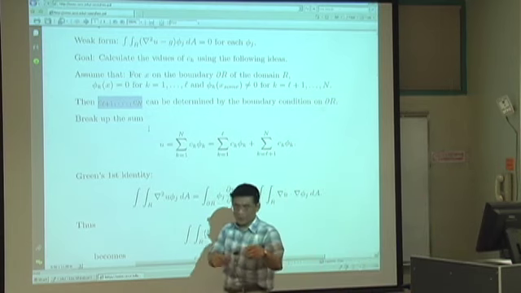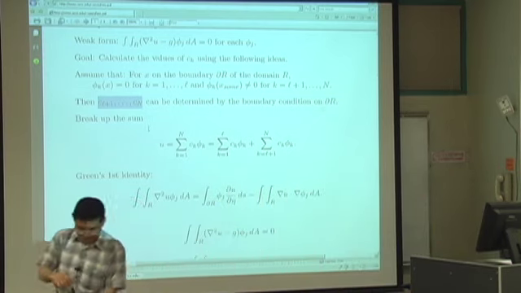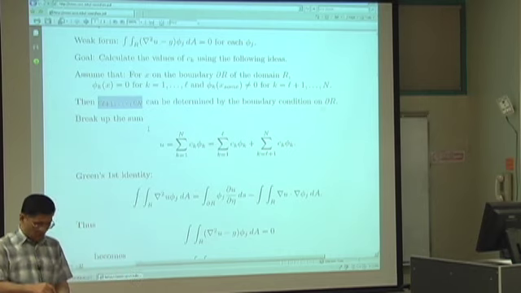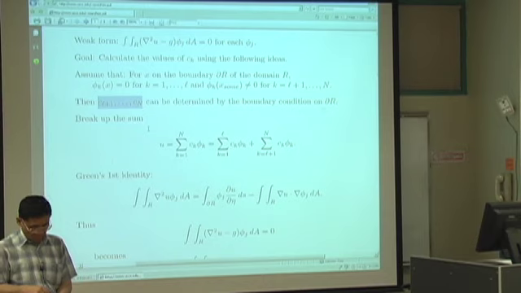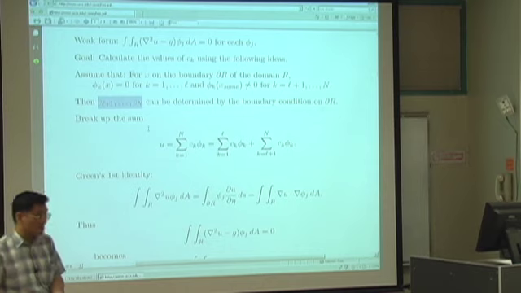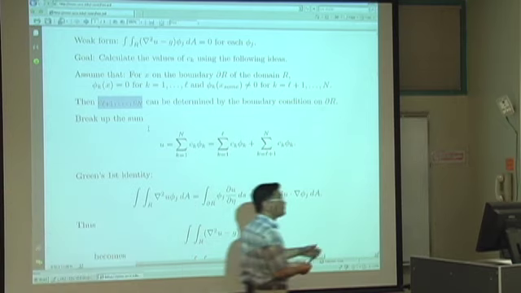For instance, if you have some basis function here, assuming that this rectangle is a boundary, then to determine C, for instance, 100, you can just use the boundary condition and then calculate the height using the boundary condition and then assign the boundary value. So it's not very difficult to determine the boundary value.